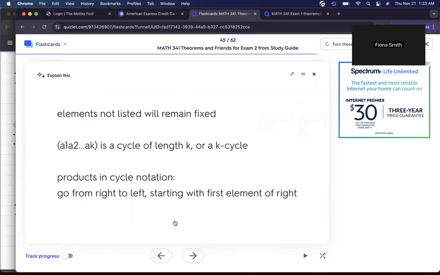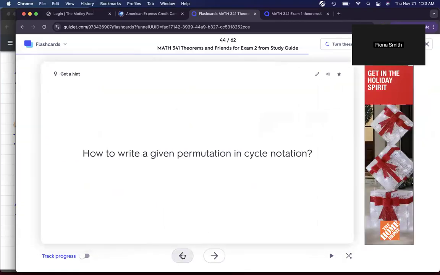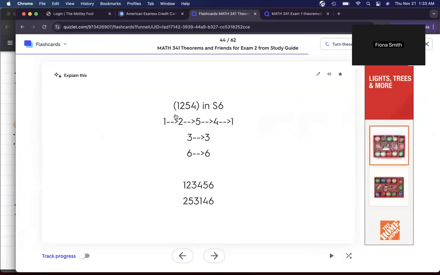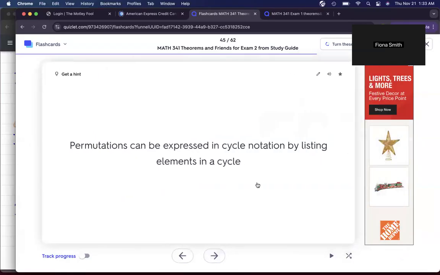For products in cycle notation, you go from right to left, starting with the first element of the right side. So if you had (1 2 5 4)(3 2 1), then you would go 3 to 2, 2 to 5. So then you would write 3 to 5, etc.